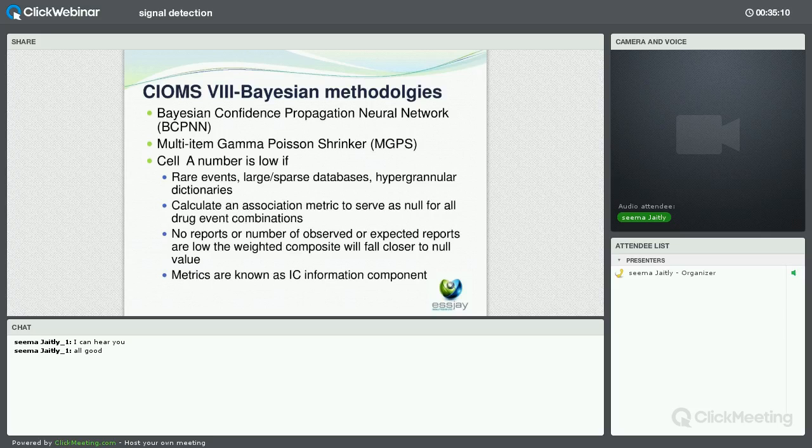I'm not going to go into a huge amount of detail, but there is a very detailed assessment within CIOMS 8 that discusses how these methodologies work. And if you're interested, you can go and look in CIOMS 8. Very often what you'll find is a value and a statistical significance, and that's enough for you to say, yeah, this is an alert I need to look at.